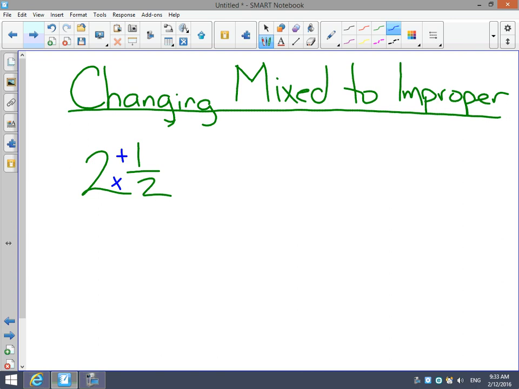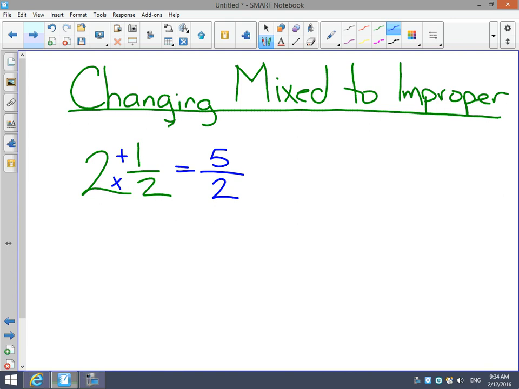In this case, 2 times 2 is 4, plus 1 is 5. And as in many cases you'll find in the next 2 weeks, the denominator stays the same, especially with addition and subtraction, and when you're reducing it anyhow. 5/2 is your improper fraction with this one here.